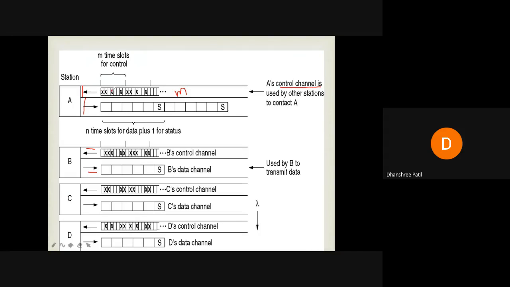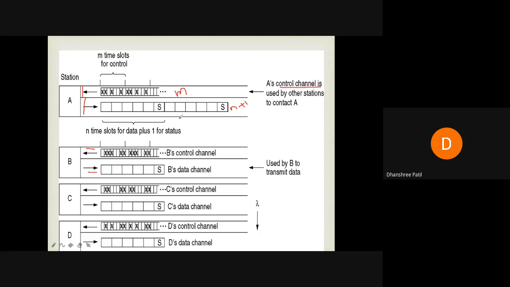Every control channel is divided into m equal time slots. Every station's control channel is divided into m timing slots. And every station has n plus 1 data slots.